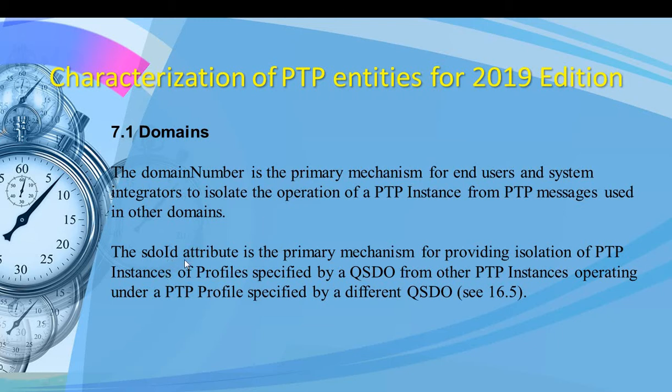The SDOID attribute is the primary mechanism for providing isolation of PTP instances of profiles specified by one SDO from other PTP instances operating on a PTP profile specified by a different SDO.